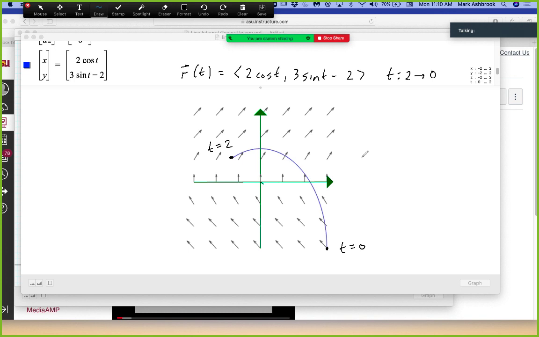How does that make sense? t equals 0, negative 2? I don't know why that's the case. Why is it showing t equals 0 here? Because that would be negative 2.